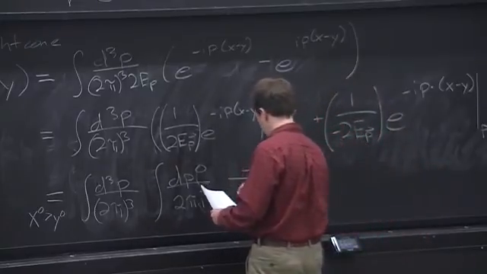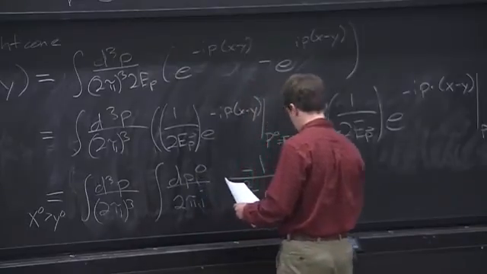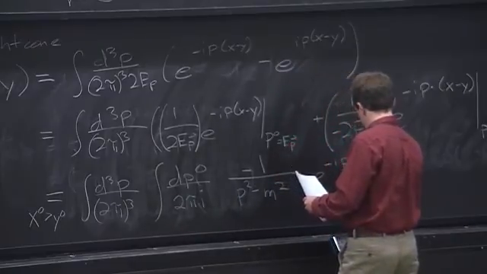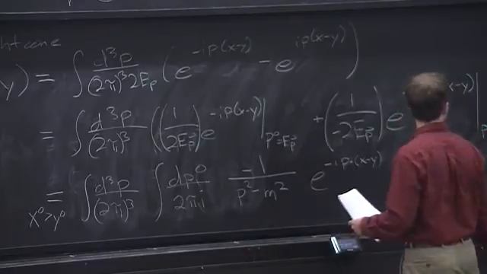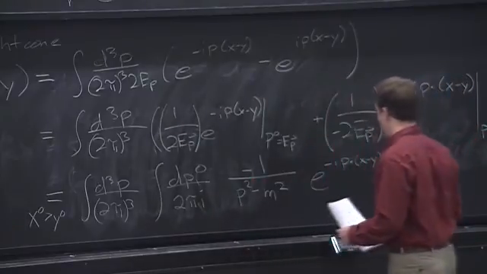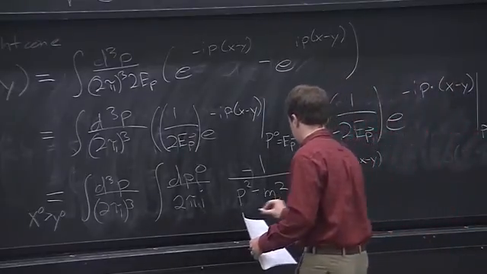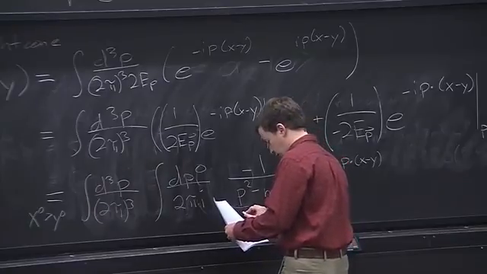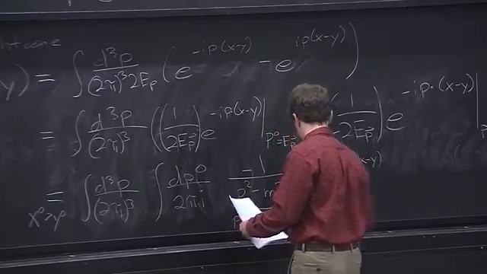I can do that as follows, where now I'm going to treat p naught as a complex variable and integrate over a particular contour. This denominator here, I can write as p naught squared minus E_p squared.